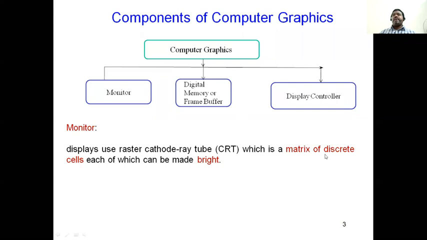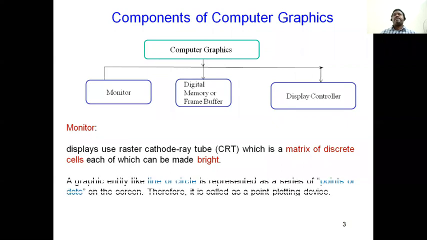It has a matrix of discrete cells, with n number of dots in a row and n number of dots in a column. Depending upon the created object, the pixels of the object are illuminated so that we are able to see the object. That is how a CRT monitor works.